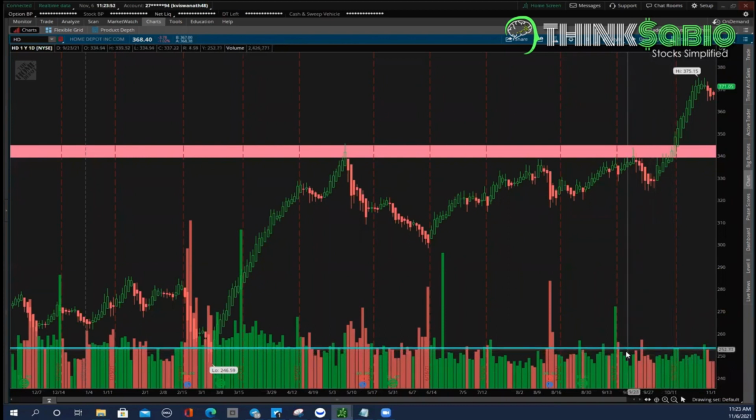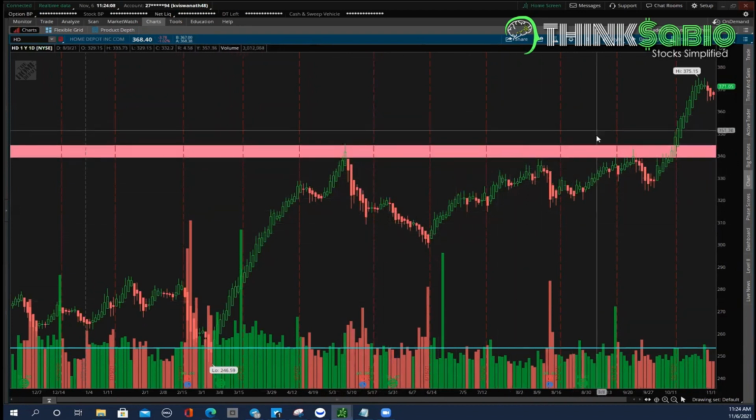So you see all these gaps here. That means HD did not have this much volume in the previous days after this drop right here. And the majority of these days are because they are just selling off everything, right?